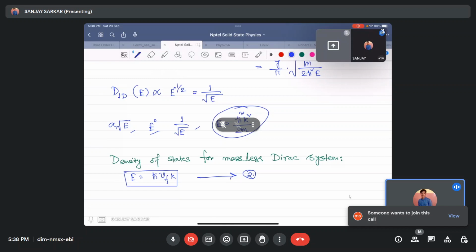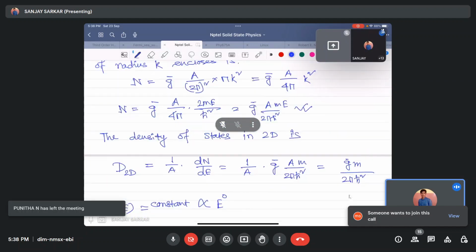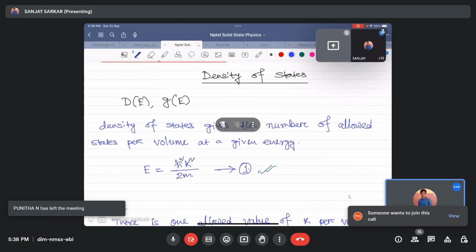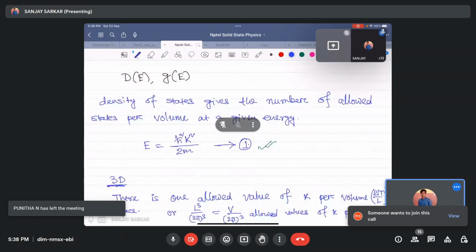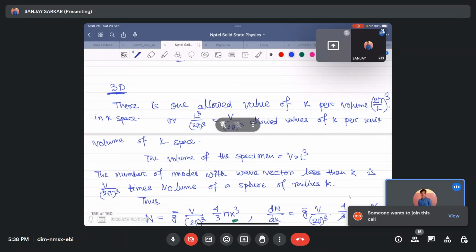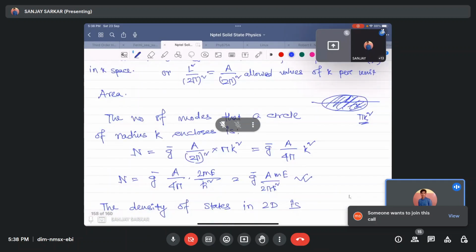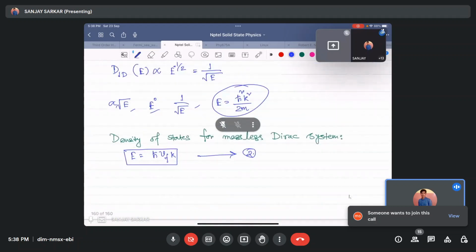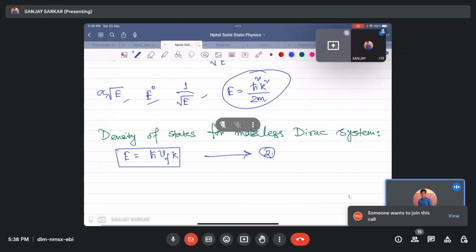So what I was saying is, for the previous case we considered the energy dispersion E equal to h bar square k square by 2m, and followed this process. Following the same process, can you calculate for the massless Dirac system where the energy dispersion is just changed? In place of this energy dispersion, we have this one.